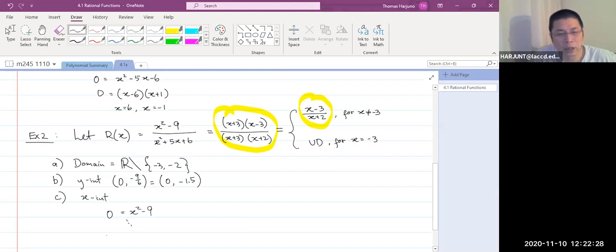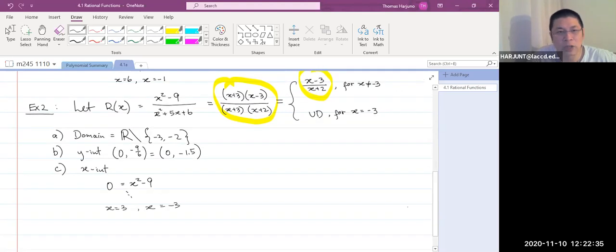You will get x equals 3 and x equals -3. But then you need to cancel x equals -3 because it's not in the domain. So you have only one x-intercept, that's (3, 0).